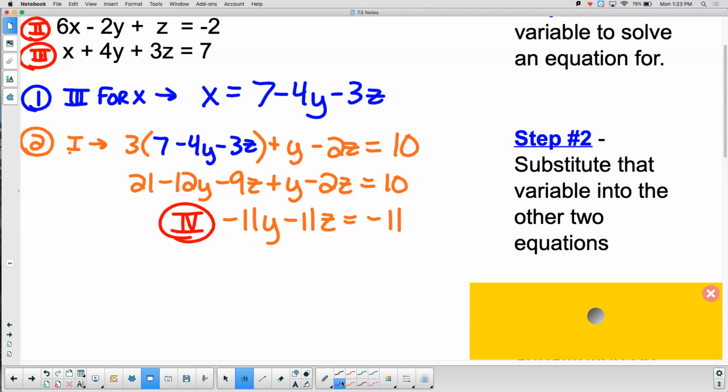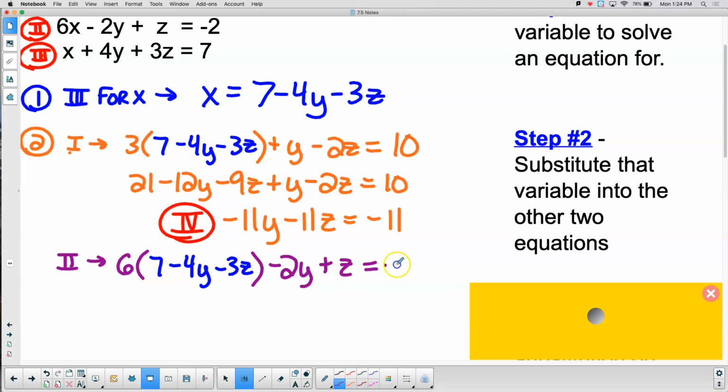Now I have to stick that x into equation number 2. 6 times 7 minus 4y minus 3z minus 2y plus z equals negative 2.